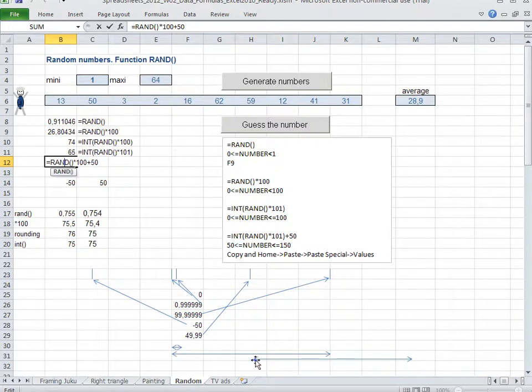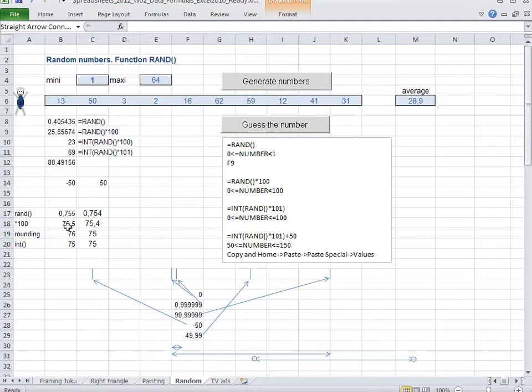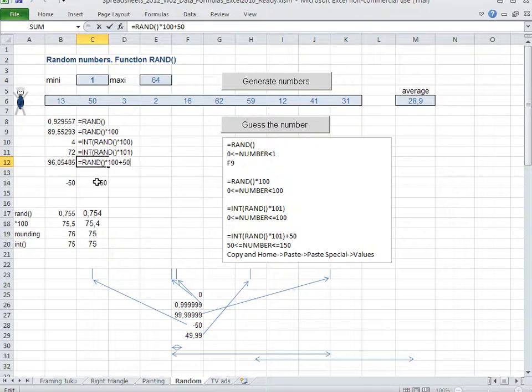And as a thing we finally would like to do, let's see what happens if we write equals rand for a 0 to 1 number times 100 to put it to the range of 0 to 100 almost, minus 50. What's going to happen then?